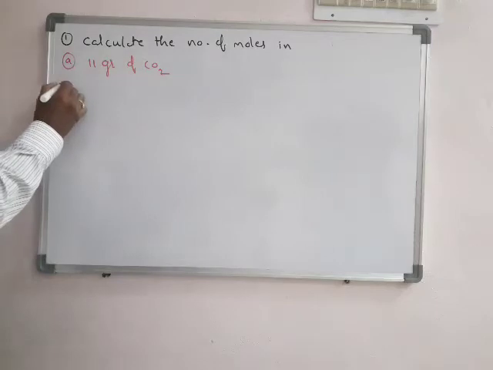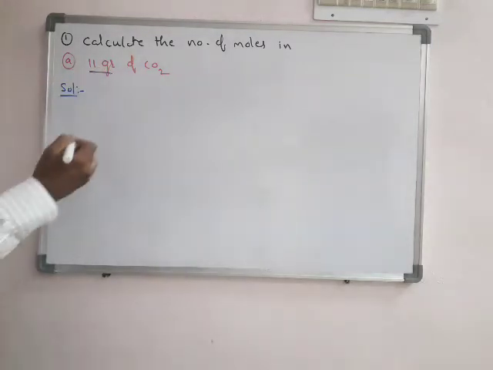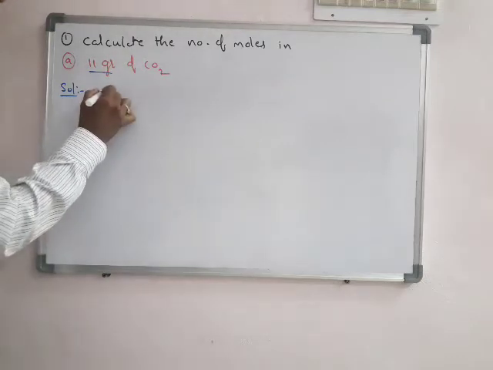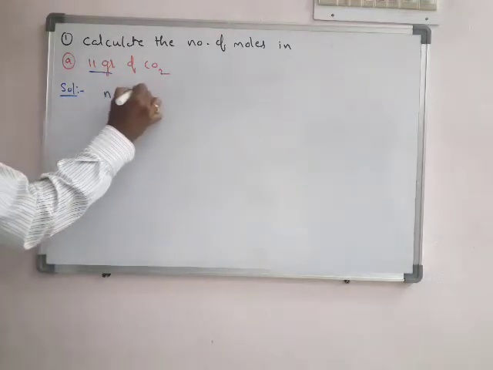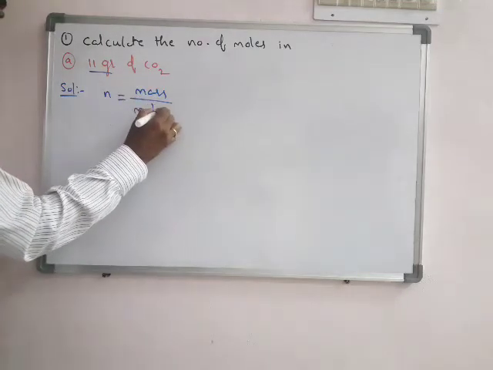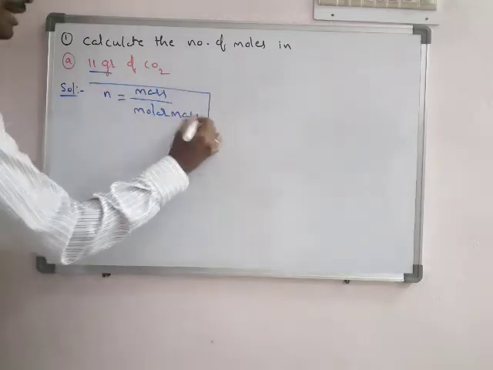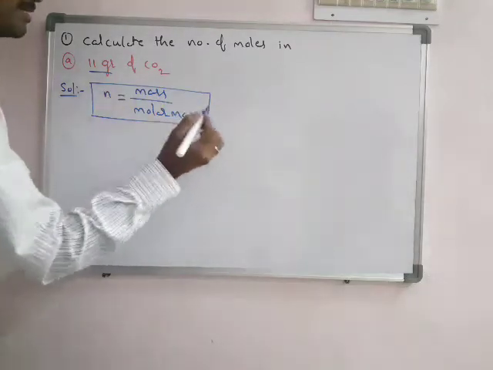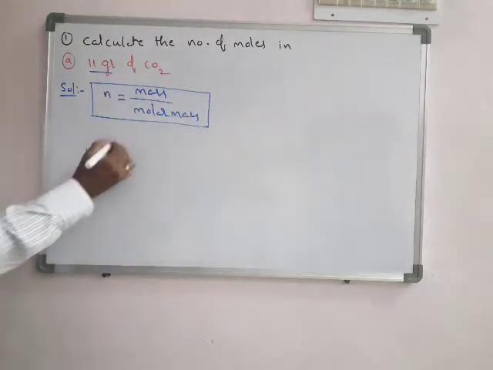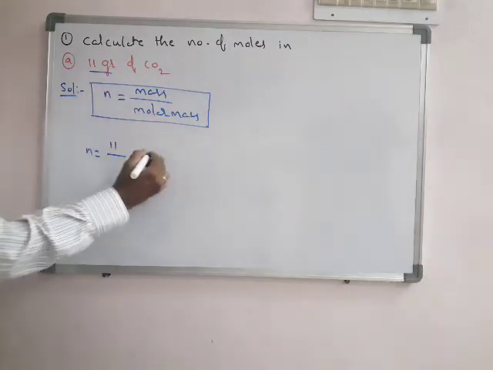So what is the solution? Here it is given in terms of mass. What is the formula for number of moles? Number of moles n equals mass by molar mass. For any problem, first you have to write the formula, it's compulsory. So n equals the mass given, 11 grams, by the molar mass.